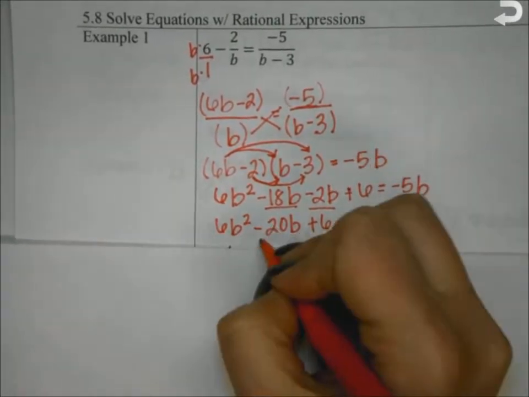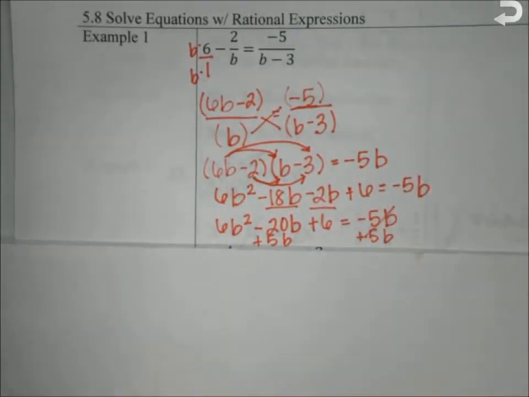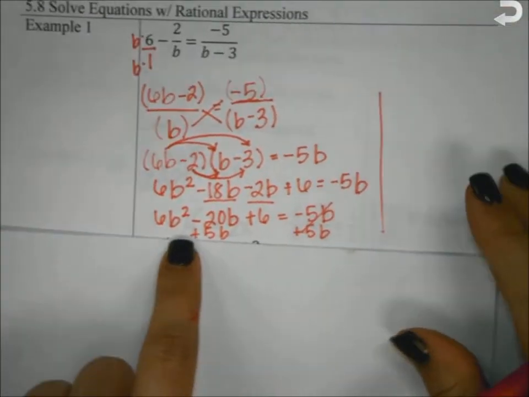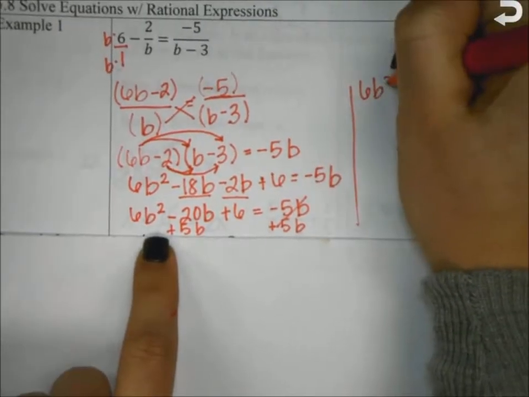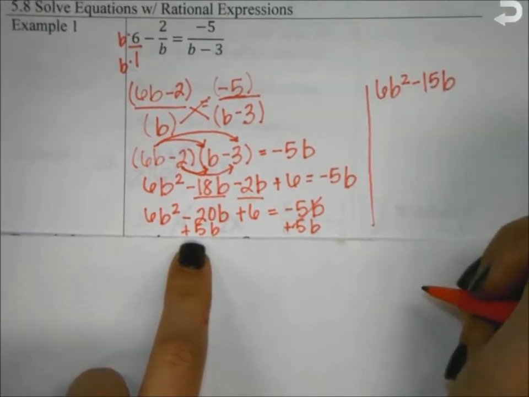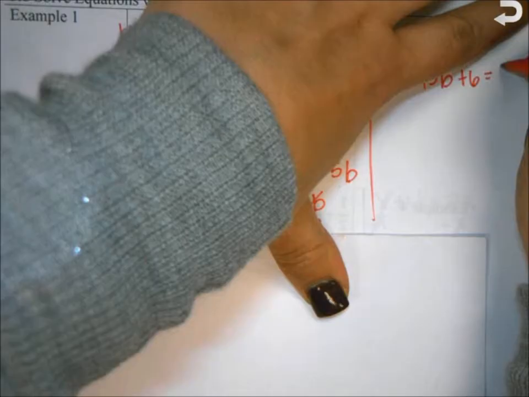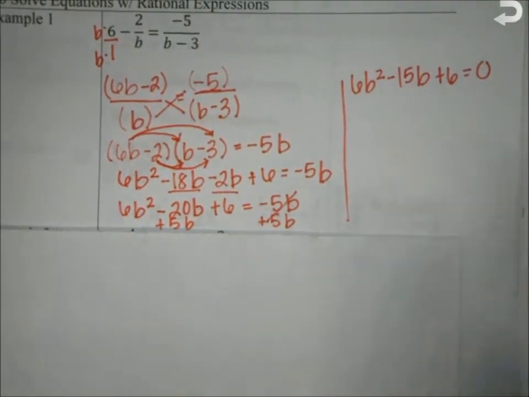So those guys cancel. So what do we get? On the left-hand side, I have 6b squared minus 15b plus 6 equals 0, because these guys cancel.